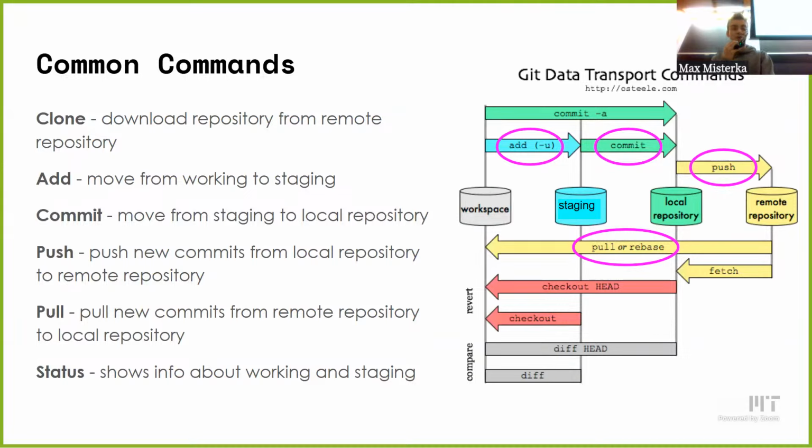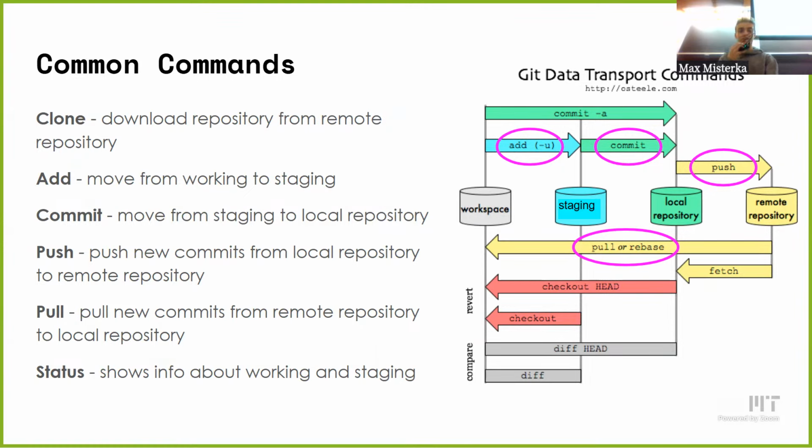So git clone is the first command that you'll probably use. That downloads your repository from a remote repository. This is what you need to use if you don't want to go the VS Code route in cloning the Battlecode 2025 scaffold. Use git clone. There's also git add, which adds certain changes from the working directory to the staging area.